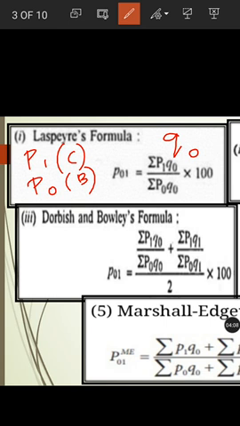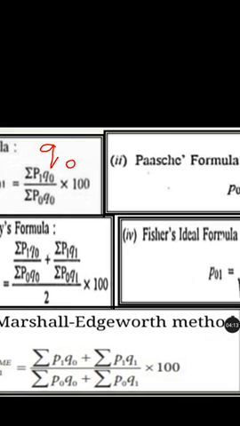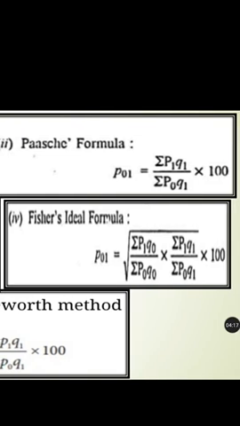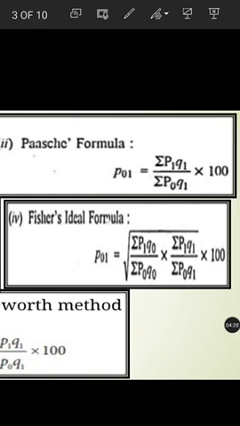Now let us move on to the next method. After Laspeyres', the second one is Paasche's method. For Paasche's, as usual we take the prices, that is P0 and P1, but for quantity we take only Q1. What is Q1? Q1 is the current year quantity.